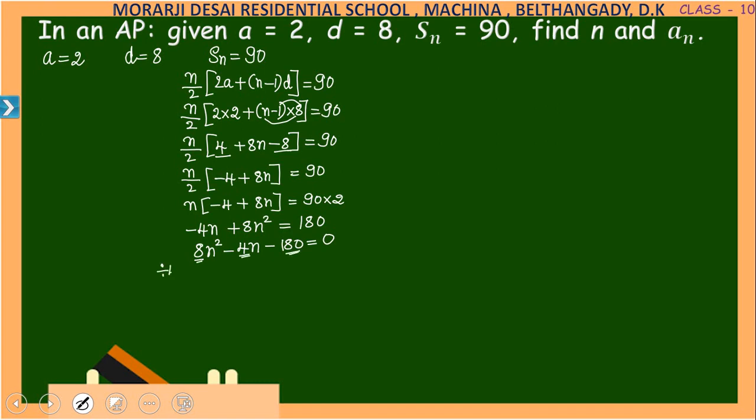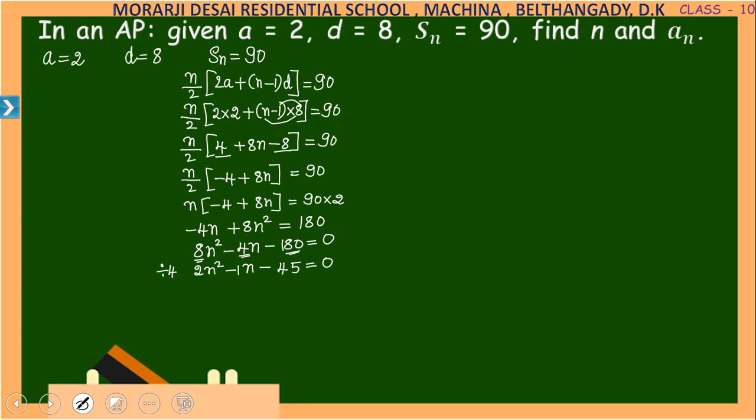Now divide by 4, that becomes 4 2s are 8, 2n square minus n, minus 1n minus 4 4s are 16, 5 is equal to 0.